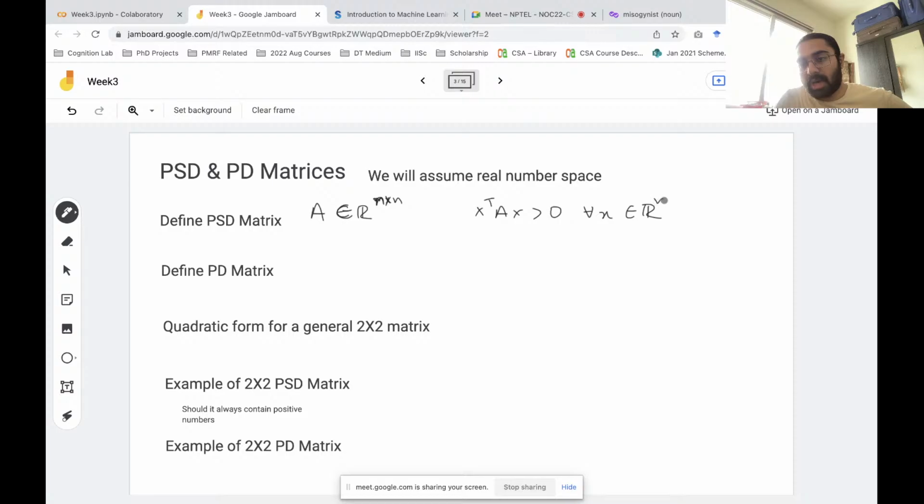For PSD it's going to be greater than or equal to 0, for all vectors in Rn. So that is your PSD matrix. Okay, so this A matrix need not be symmetric, by the way.